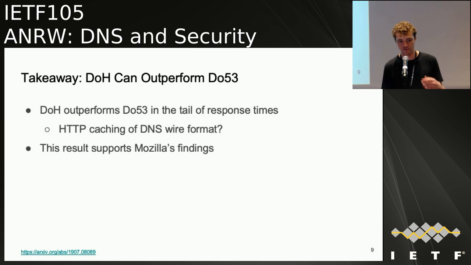So for example, if the recursive resolver already has the answer in its cache, and maybe the transaction ID is some fixed number, as it is implemented in Firefox's implementation of DO, which I believe is set to 0, maybe they're caching the wire format of the DNS response, which allows them to more quickly send a response back instead of having to construct a DNS response each time. And this result that DO is outperforming DO53 in the tail of query response time seems to support Mozilla's findings.